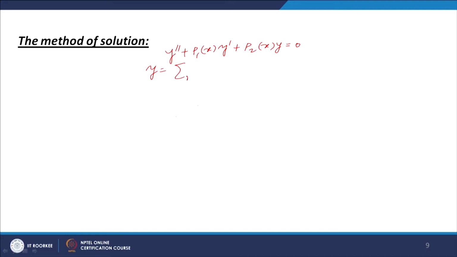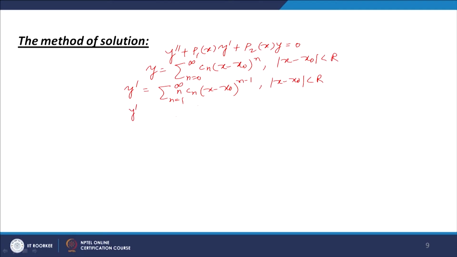Then we will assume the solution to be y equal to sigma n equal to 0 to infinity C_n (x minus x naught)^n, and let us say that this series converges in the region |x minus x naught| less than r, that is, it has a radius of convergence r. Then we will find y dash, sigma n equal to 1 to infinity n C_n (x minus x naught)^(n minus 1), and this series also has the same radius of convergence.